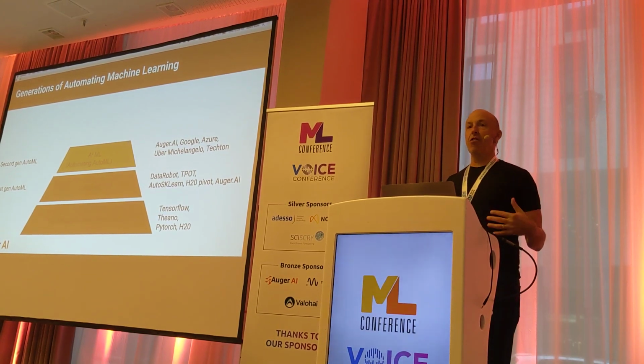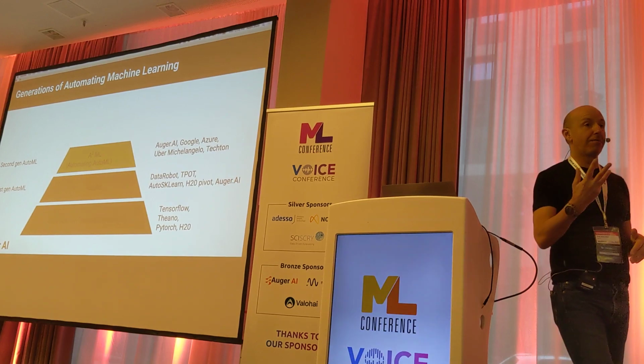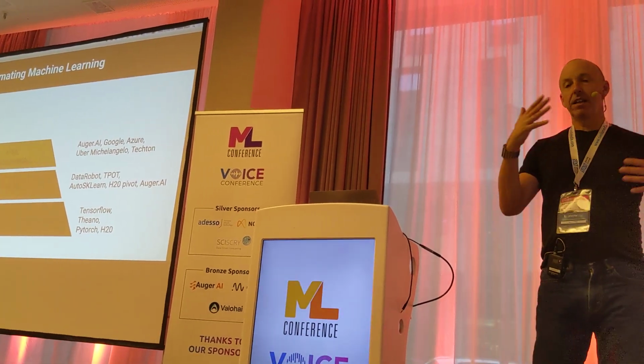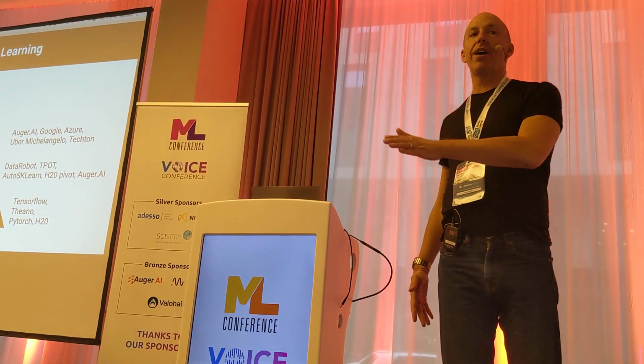They have very robust APIs. Now I'm going to talk about maybe some of the gotchas with the APIs, but they have very robust APIs that automate the entire process.